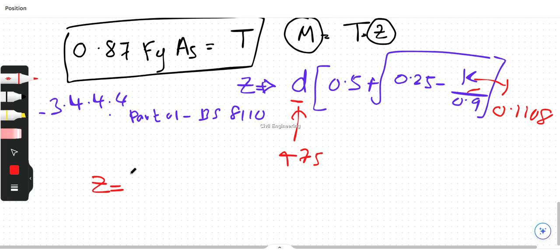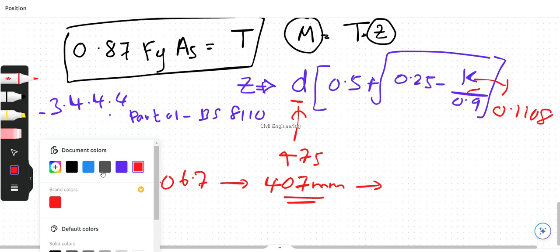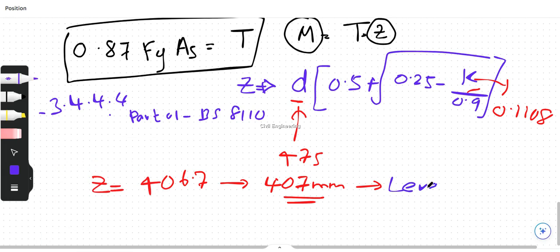The value is 406.7, so we can almost take it as 407 millimeters. This is the Z, the lever arm of the section.